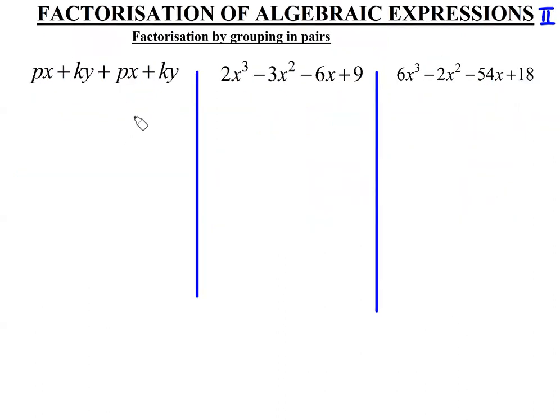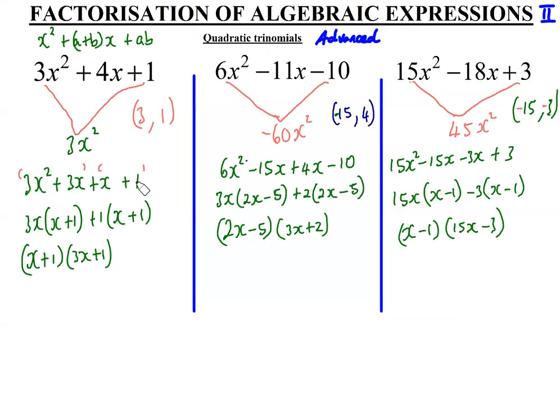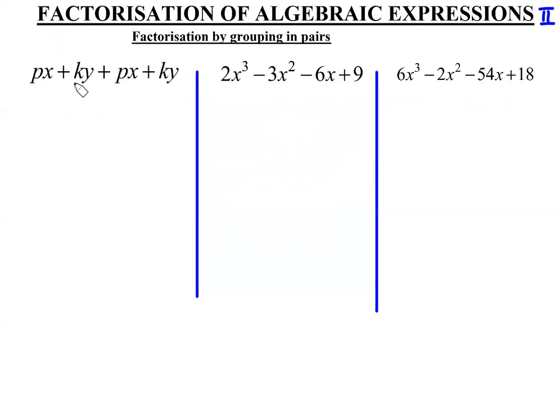Okay, now remember what I have told you. You can get the question in this stage. In this stage here, then we know what we must do. So here is what we have. px plus ky plus px plus ky. So what do you see here? You see that you can deal with the first part here.